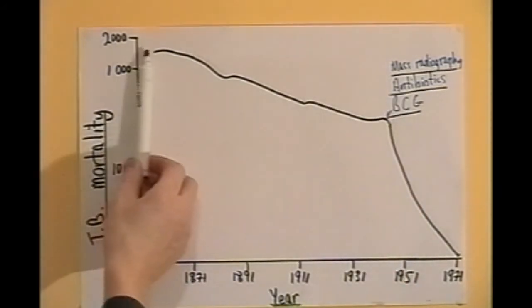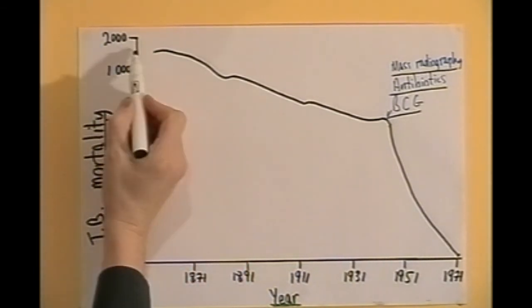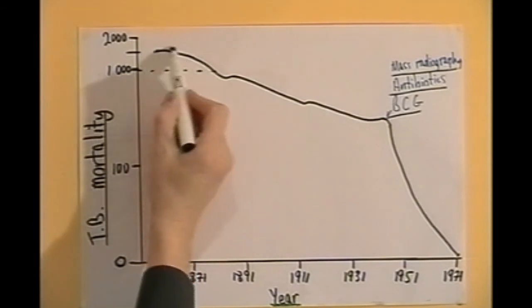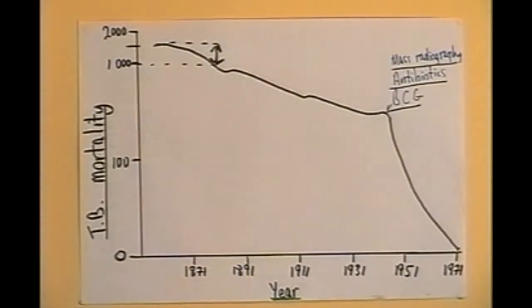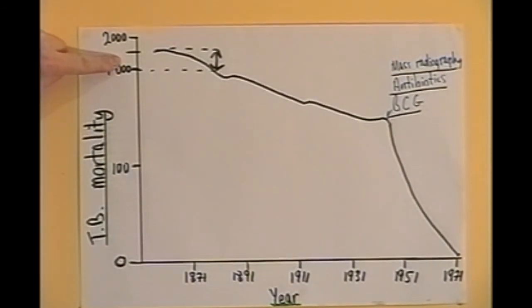Well, in actual fact, it had been falling off quite quickly here. So between there and there, that much drop on the graph represents a drop of about 500 cases of tuberculosis.